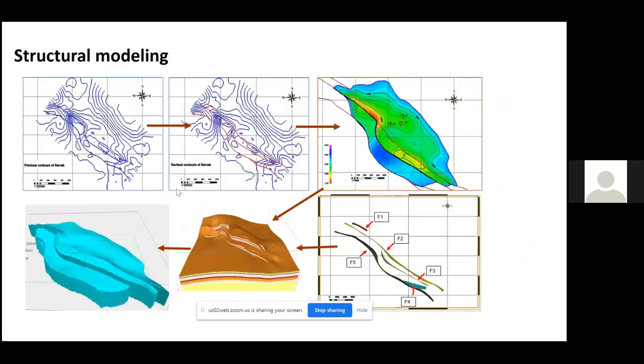Regarding constructing the static model, we received some depth map contours. After revising that and using the interpreted seismic data, I constructed the structural model according to available UGC, I mean underground contours map, and also 5 faults affected this field.